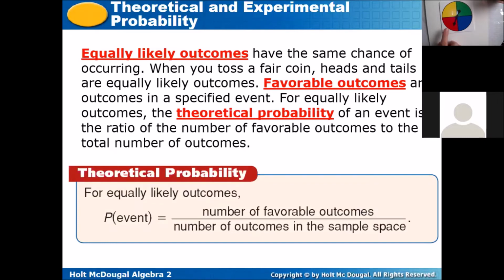That's not a trick question. I got yellow, green, blue, and red, so there are 4 possible outcomes, but only one of them is red. So red out of the 4 would be 1 out of 4. And that's theoretical probability.